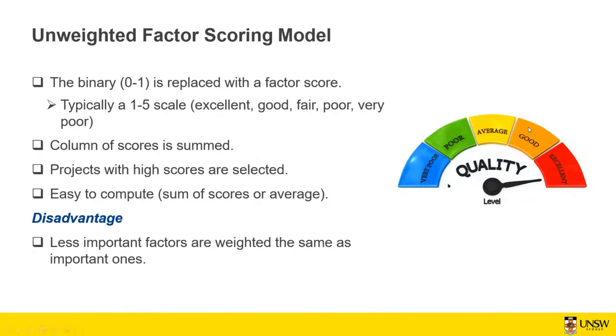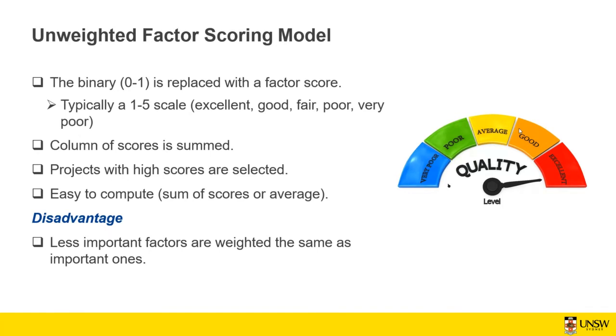Okay, the other model that you can use is the unweighted factor scoring model. So it's not binary anymore. You have a scale from, let's say, 1 to 5, which can be excellent, good, fair, poor, very poor, or it can be broader than that, 1 to 10 or 0 to 100, whatever you want to choose. In that scenario, for each criterion, you give a number, sum it up, and see which project gets the higher score.